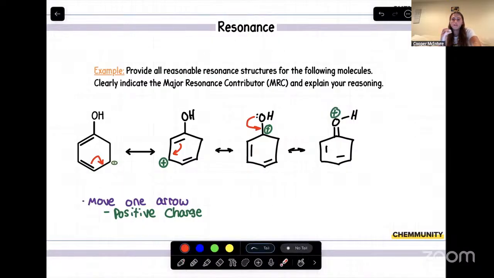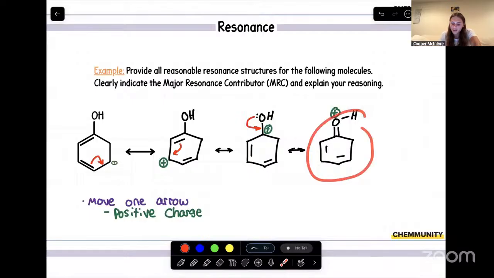Now, in terms of the major resonance contributor, if we're looking at all of these resonance forms, there's one that really sticks out, and it's this one right here. Only because if we're looking at these three resonance forms, all three of them have carbocations, and yet again, carbocations lack the octet.